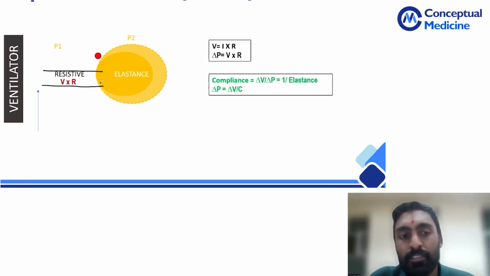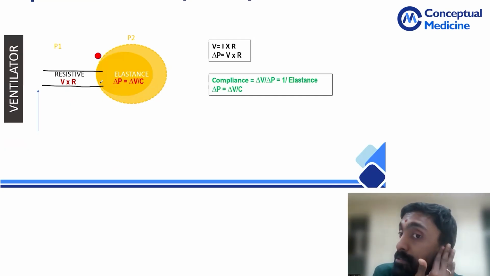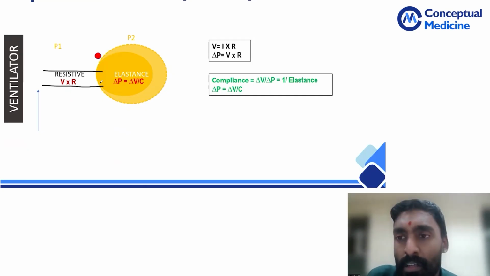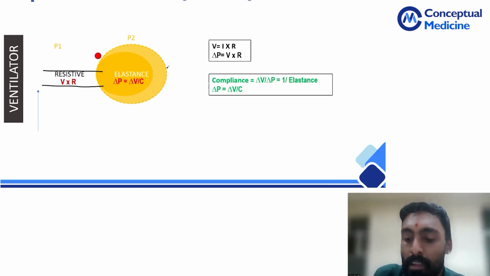Resistive force is given by the formula of flow, because you're just going to have a flow across the airway and you're going to have a resistance of the circuit. And elastance is going to depend on the change in volume per unit change in the transpulmonary pressure. So that is what elastance is. It is 1 by compliance. Elastance is 1 by compliance. Compliance is change in volume for change in transpulmonary pressure.